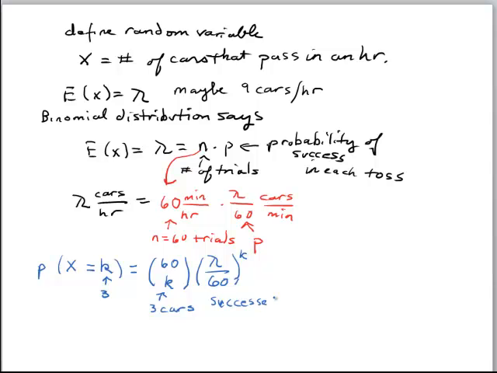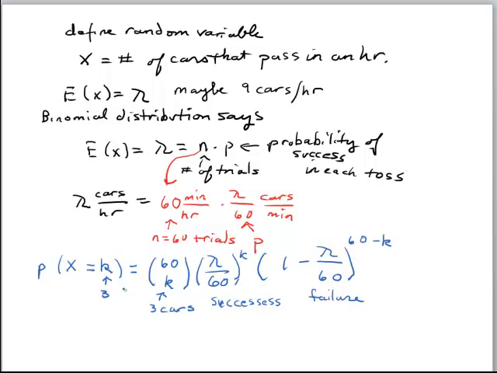And again, this is binomial. And then 1 minus lambda over 60 to the 60 minus k. And this is our probability of failure during that trial.